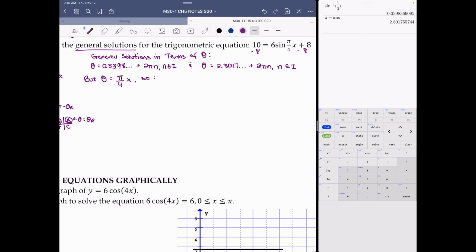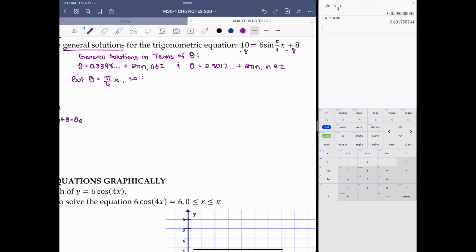So our general solutions then become pi over 4x equals 0.3398 ... plus 2 pi n, where n is an element of the integers, and pi over 4x equals 2.8017 ... plus 2 pi n, where n is an element of the integers.